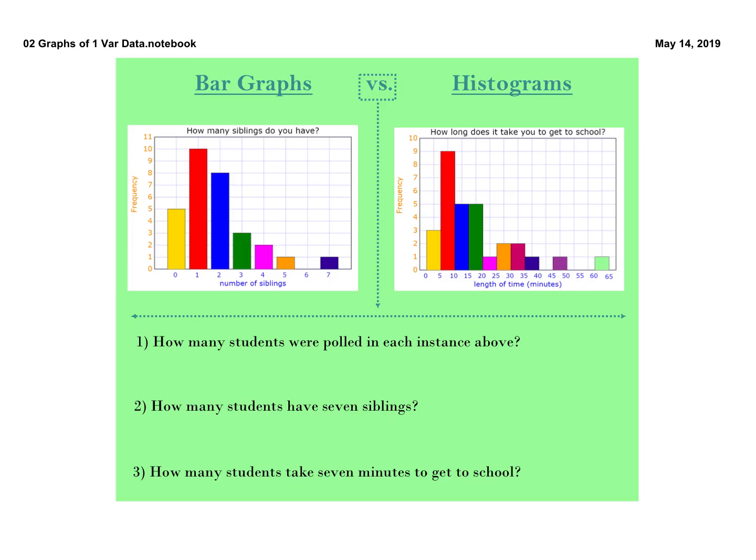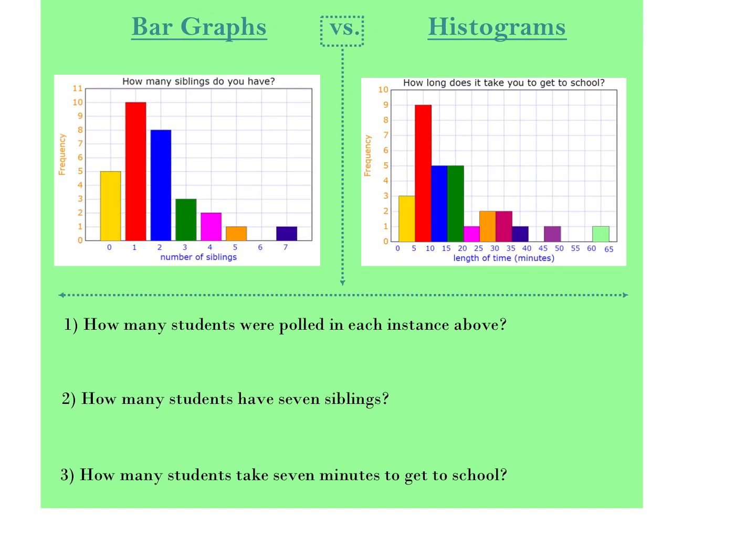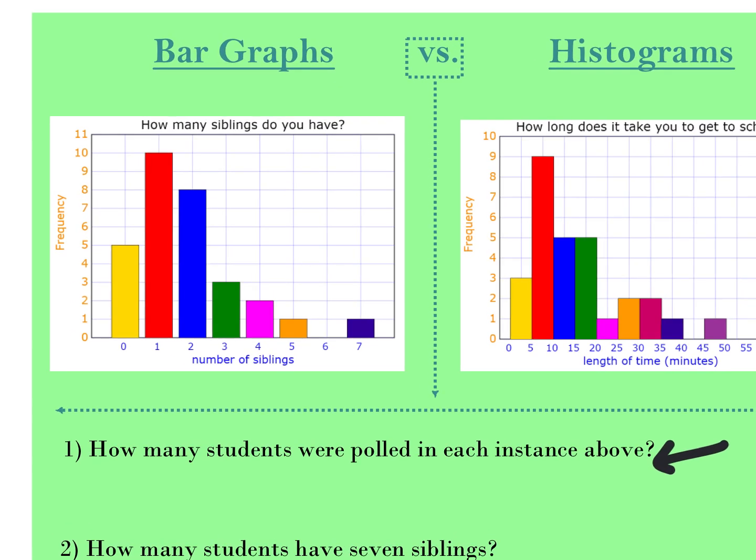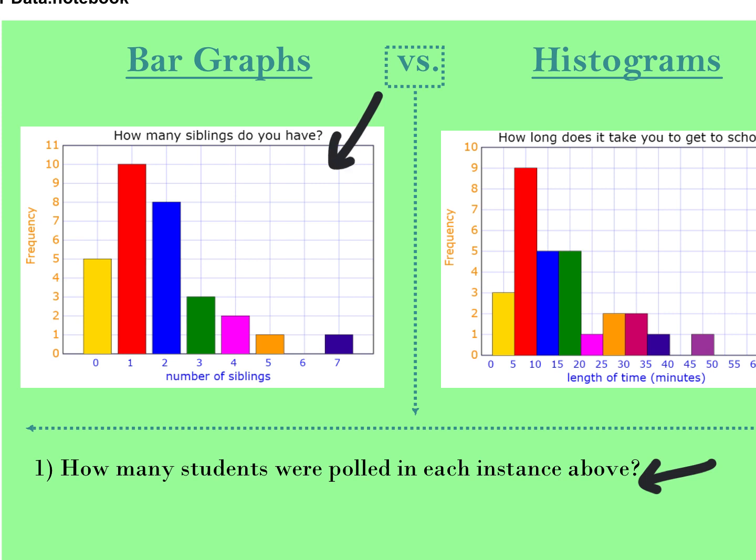All right, moving on. I'd like you to answer these questions with me. How many students were polled in each instance above? Well, over here on this bar graph, how many students were polled?